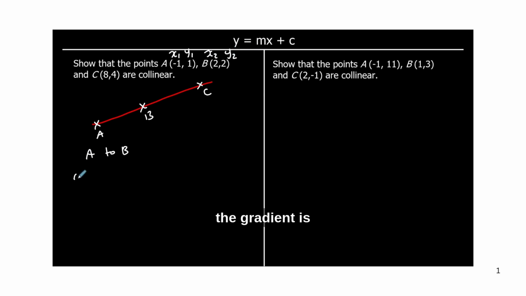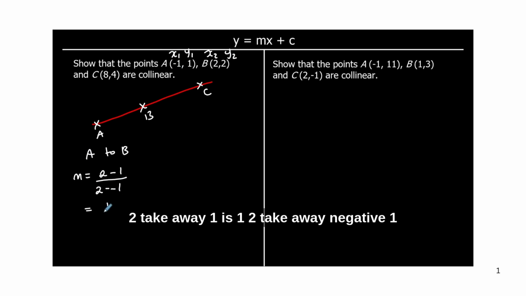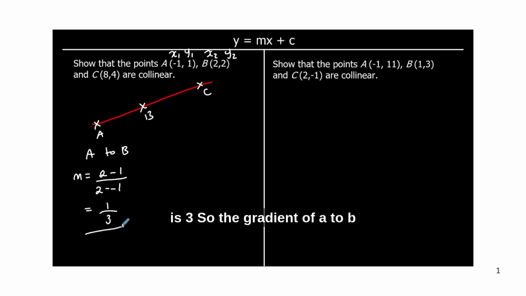So the gradient is the change in the y's, 2 take away 1, over the change in the x's, 2 take away negative 1. 2 take away 1 is 1, 2 take away negative 1 is 3, so the gradient of A to B is a third.